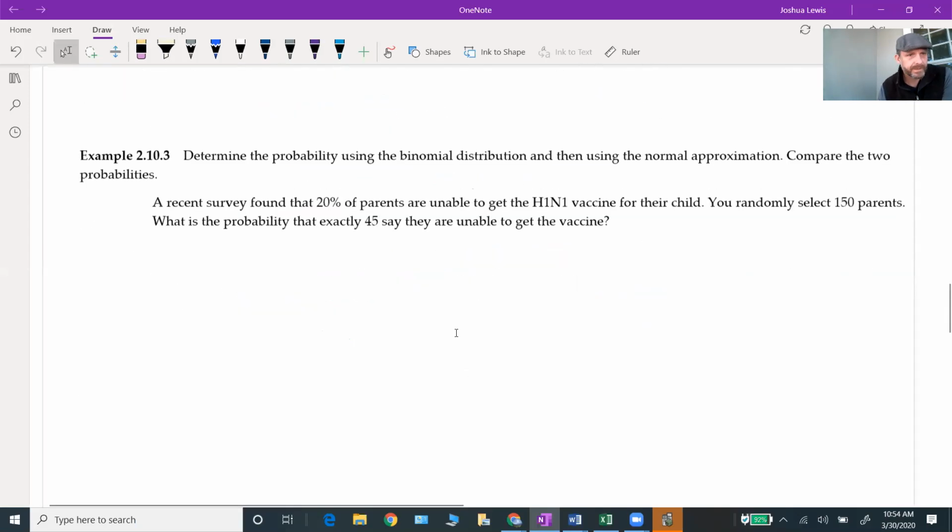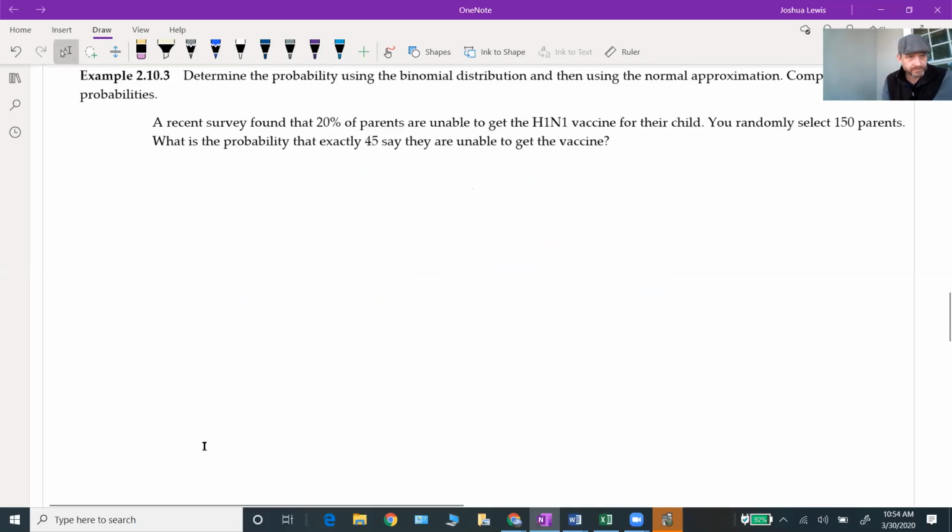All right, so here's some more examples. Determine the probability using the binomial distribution and then using the normal approximation. Compare the two probabilities. All right, a recent survey found that 20% of parents are unable to get the H1N1 vaccine for their child. You randomly select 150 parents. Now, first of all, let's do a quick check.